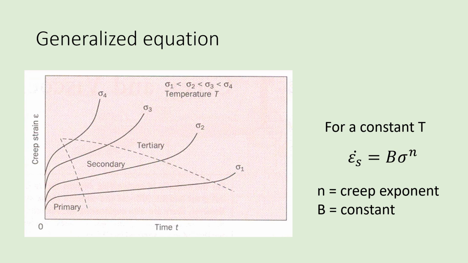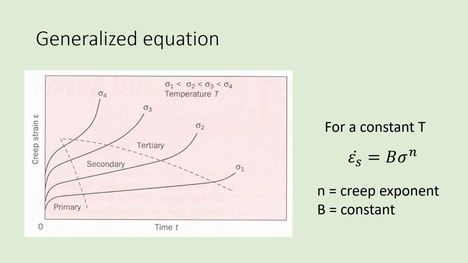You can then produce graphs similar to the one over here, where temperature is held constant but stress is varied. But what if we wanted to know how much creep deformation would occur at a stress or temperature that's either between or outside the values used in the experiments? Such a predictive equation would be useful for design and failure analysis purposes.